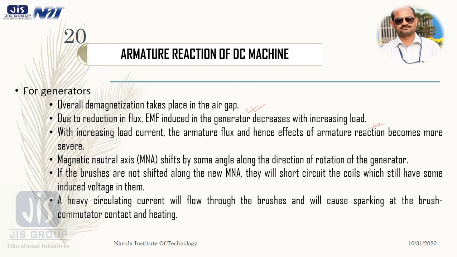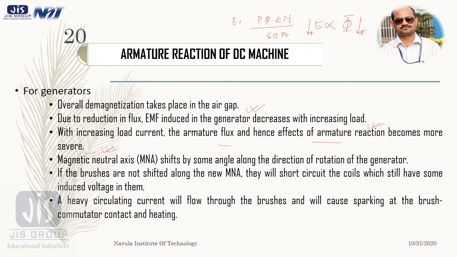So when we increase the load, there is an increase in demagnetizing effect which will reduce the flux, and we know E equals P phi Zn by 60A. So E is directly proportional to phi. So if phi is reducing, E will reduce, and with the increasing load current, the armature flux, and hence the effect of armature reaction, become more severe.